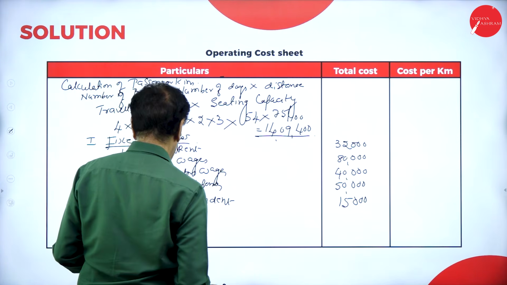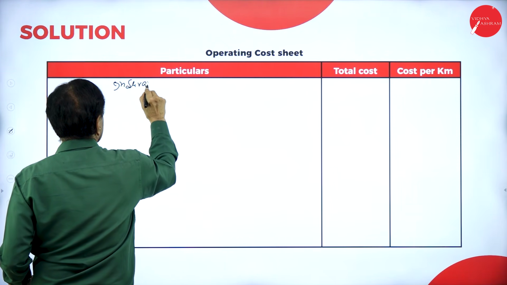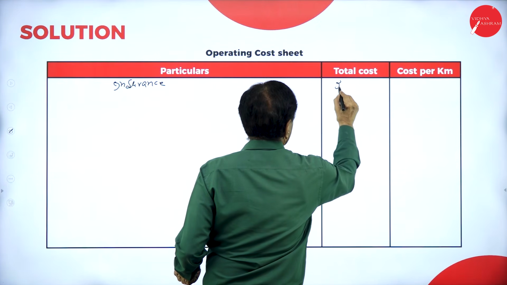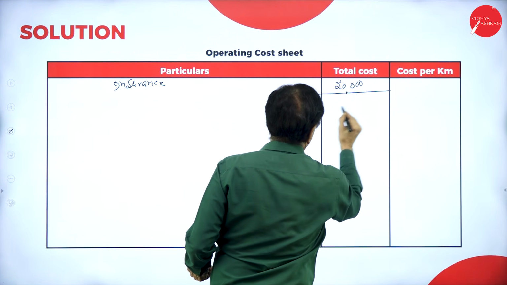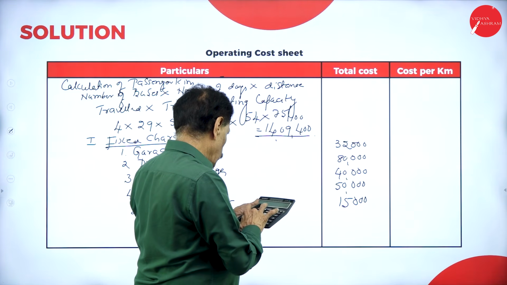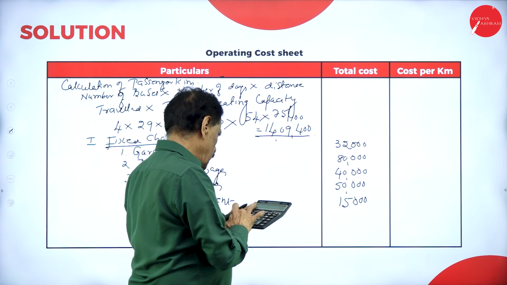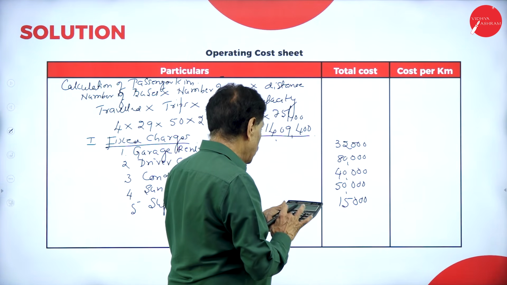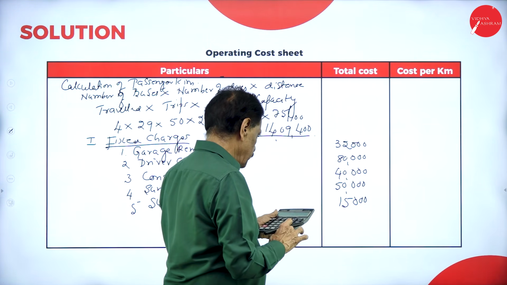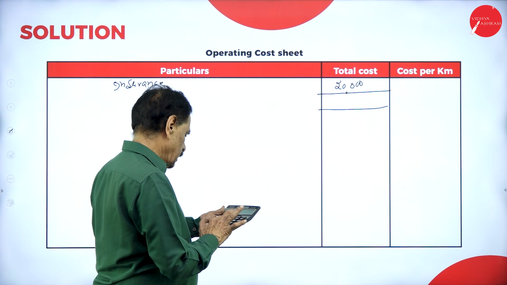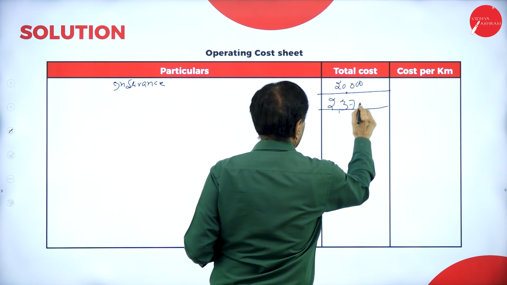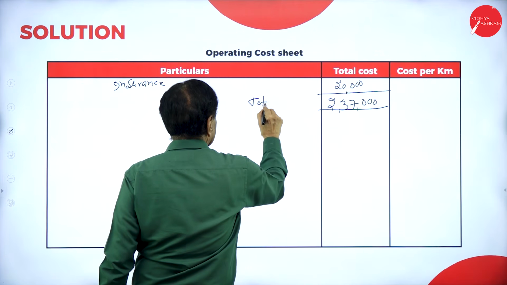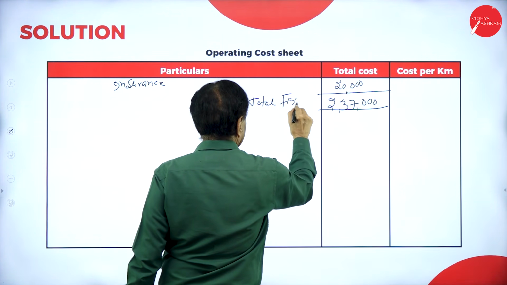Then insurance 20,000. Make the total: 32,000 plus 80,000 plus 40,000 plus 50,000 plus 15,000 plus 20,000, which is 2,37,000 total fixed expenses.